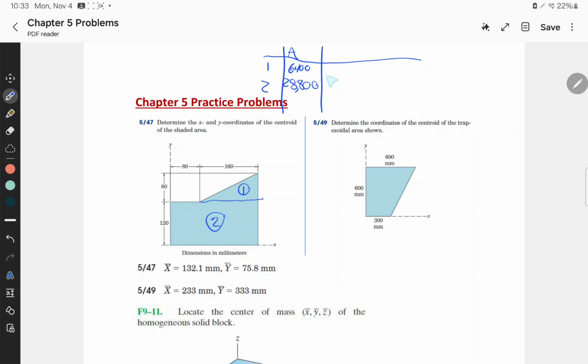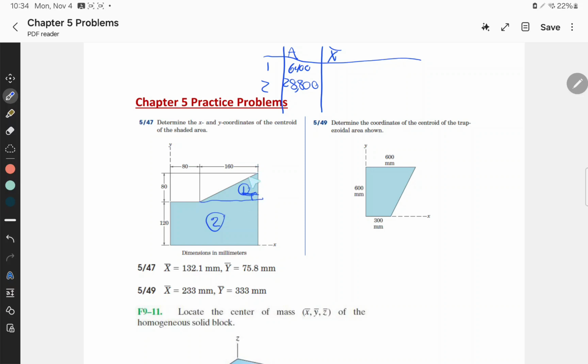Then for the x component, you want to find the middle. For example, for a triangle, it's going to be 1/3 from the right angle. This is 160, so 160 divided by 3 is approximately 53, but it's going to be 53 from here.